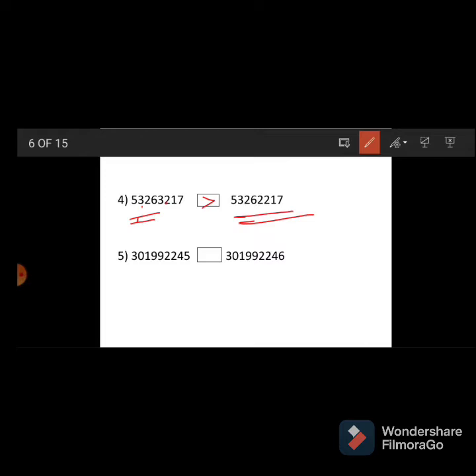Again here see the number of digits: 1 2 3 4 5 6 7 8 9, and 1 2 3 4 5 6 7 8 9. Again the number of digits in both numbers is the same. Then check the digits starting from the left hand side. See 3 and 3, 0 and 0, 1 and 1, 9 and 9, 9 again 9, 2 and 2, 2 and 2, 4 and 4, and 5 and 6. 6 is greater than 5.